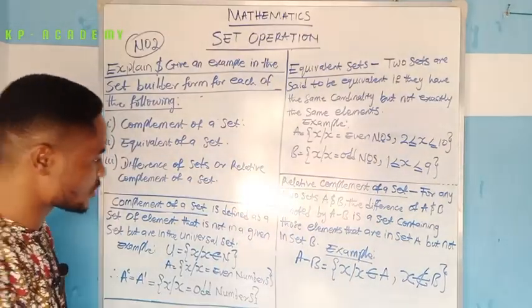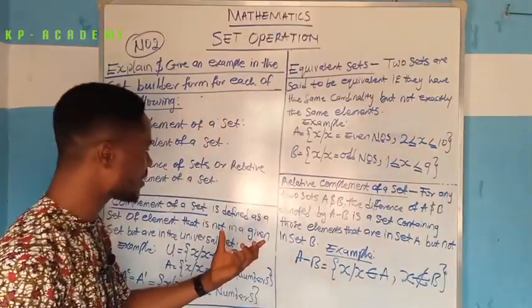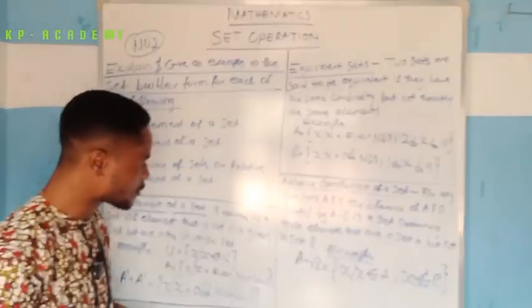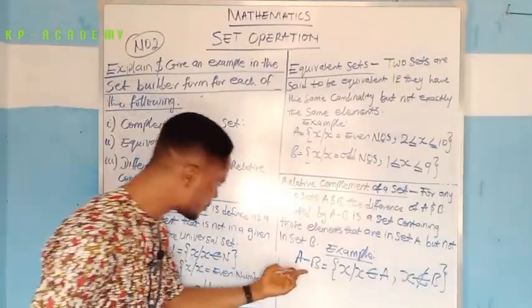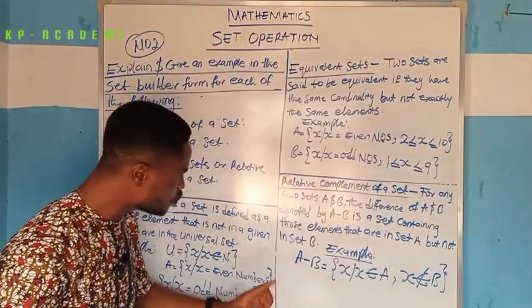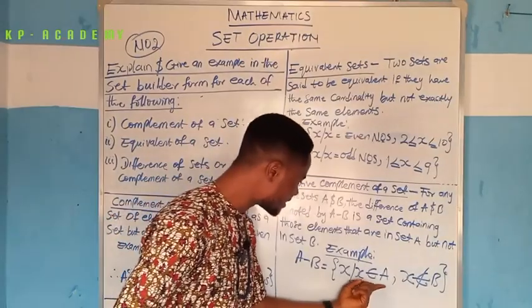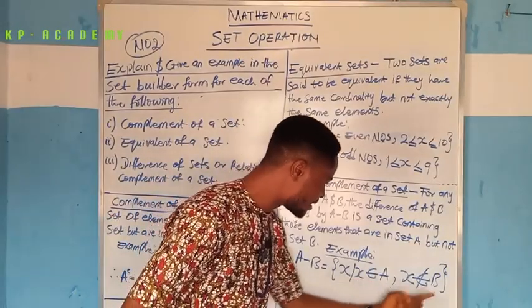So this is just the example in set builder notation. When you talk about the relative complement of a set, it means the difference between these two sets is going to be the elements in A but not the elements in B.